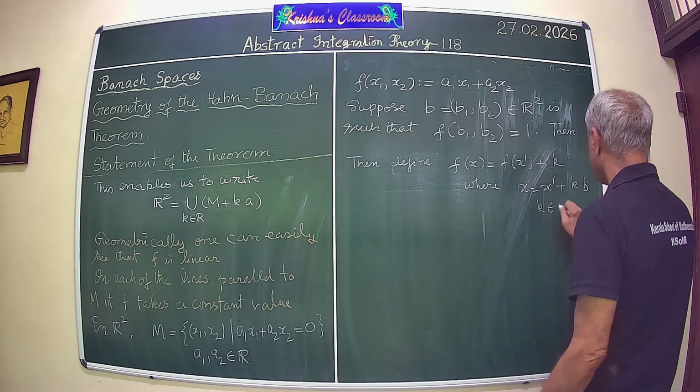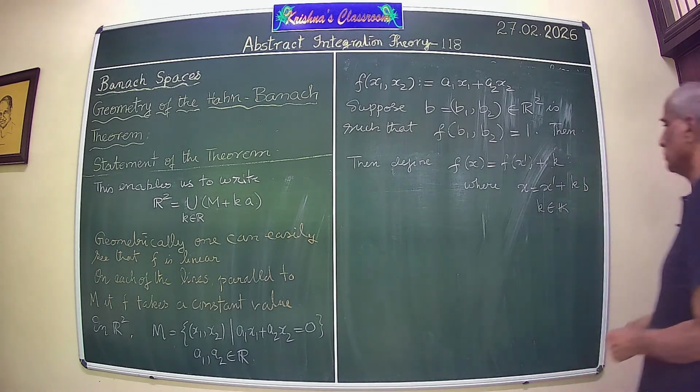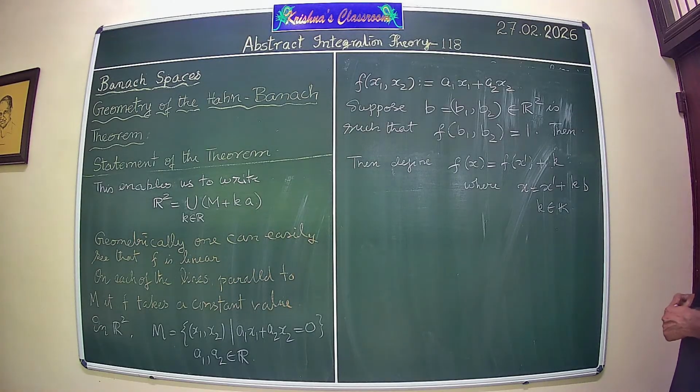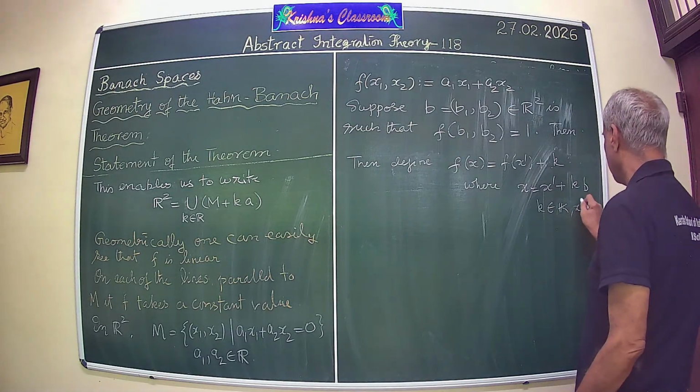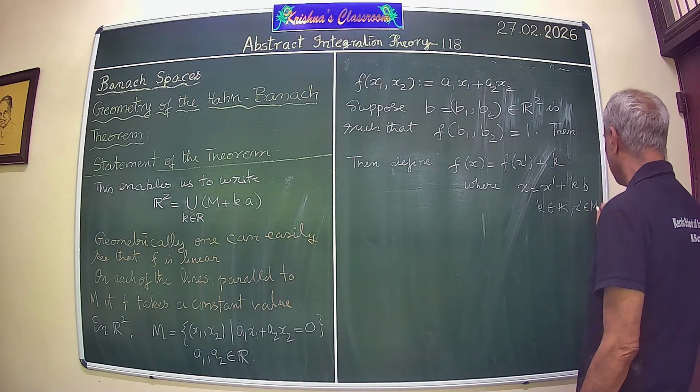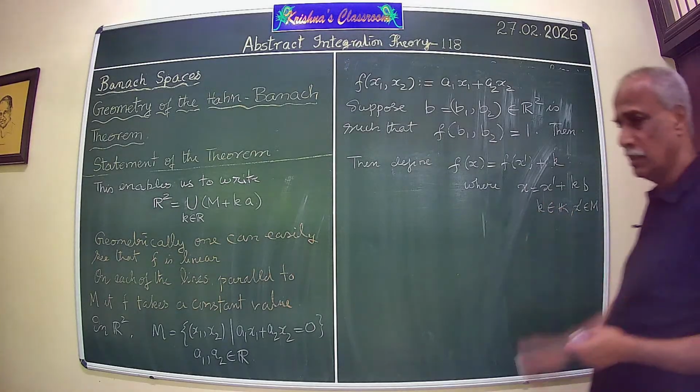So x equals KB plus x prime, with x prime belonging to M. Now this is the interpretation.